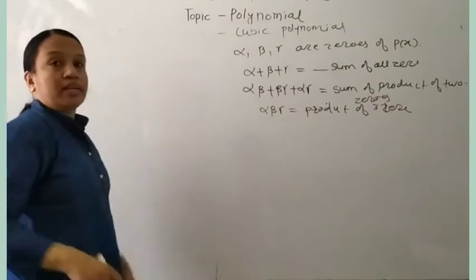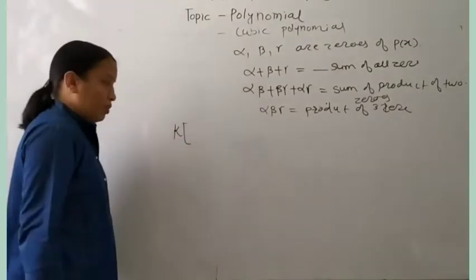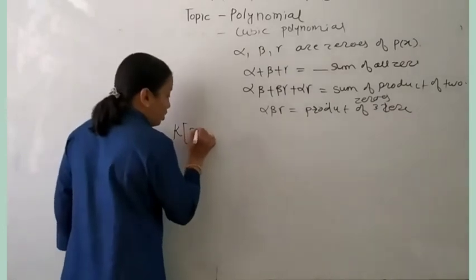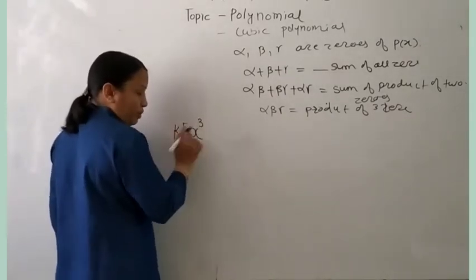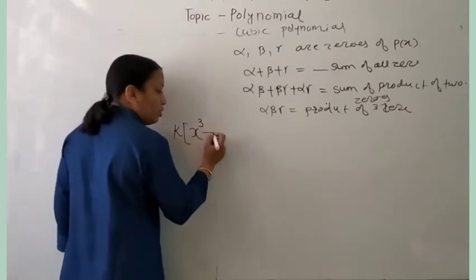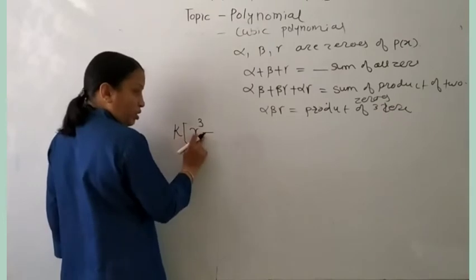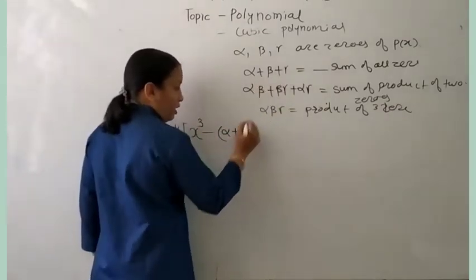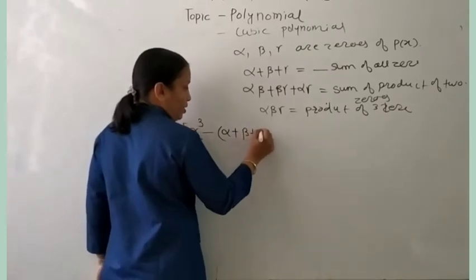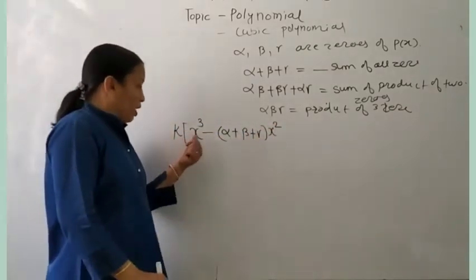And then how to write the cubic polynomial directly. Again constant is k and you can write it as first what your x cube. Then alternate sign. First term is positive, second term will be negative. This is the first term. Second term you have to write sum of the roots, that is alpha plus beta plus gamma into x square. Then plus, minus.